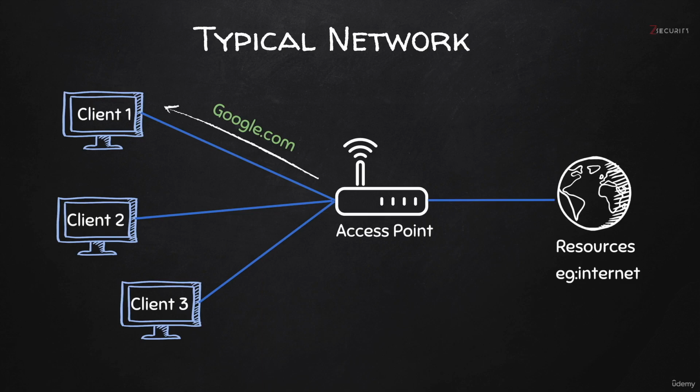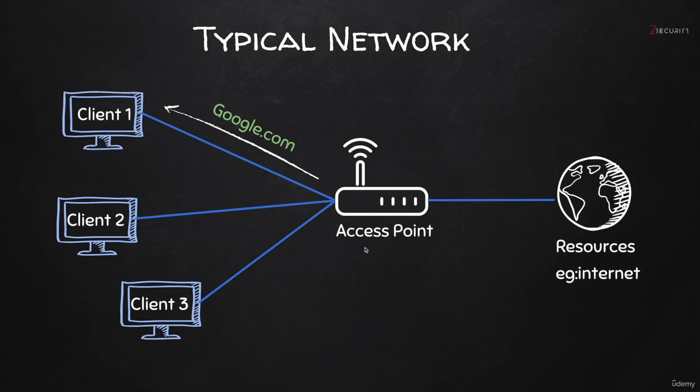If you actually go to your router at home and look at it, you'll see at the back it's connected through a cable to the wall, and this is how it's getting its internet access. Therefore, it is the only device in your network that has direct access to the resource, and none of the computers connected to the network can access the internet without the router, without the access point.